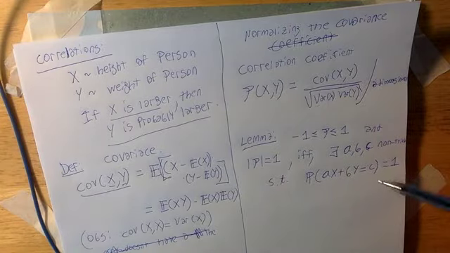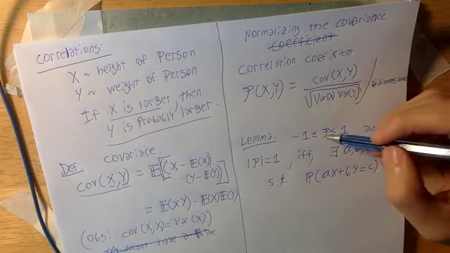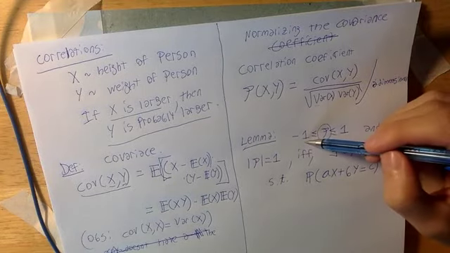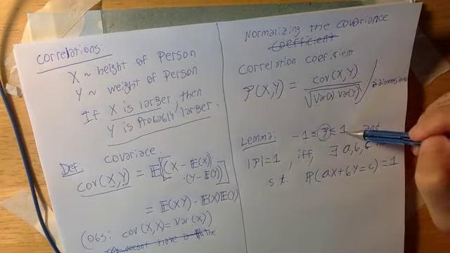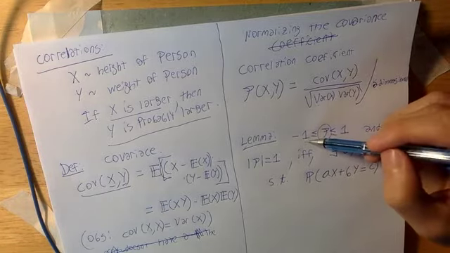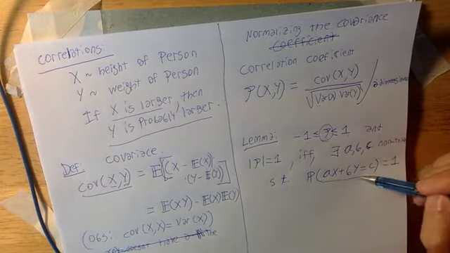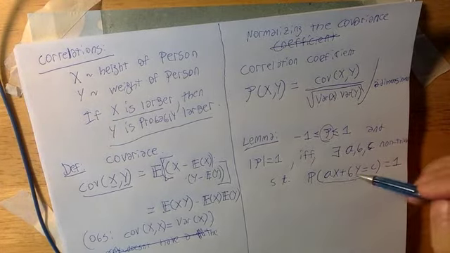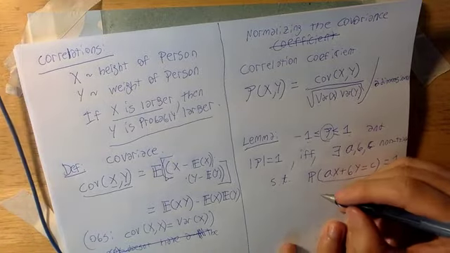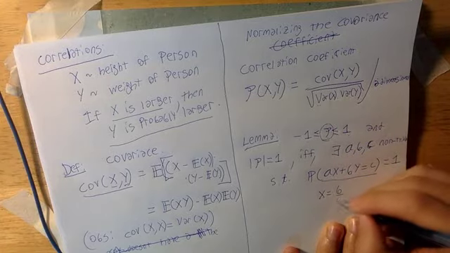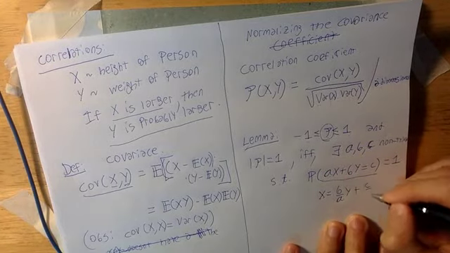Okay, so what would be the idea here? What we are saying is that this correlation coefficient is a number between -1 and 1, and can only be -1 or 1 if we have a linear relationship between x and y. The linear relationship is morally saying that x is equal to b over a times y plus c over a.